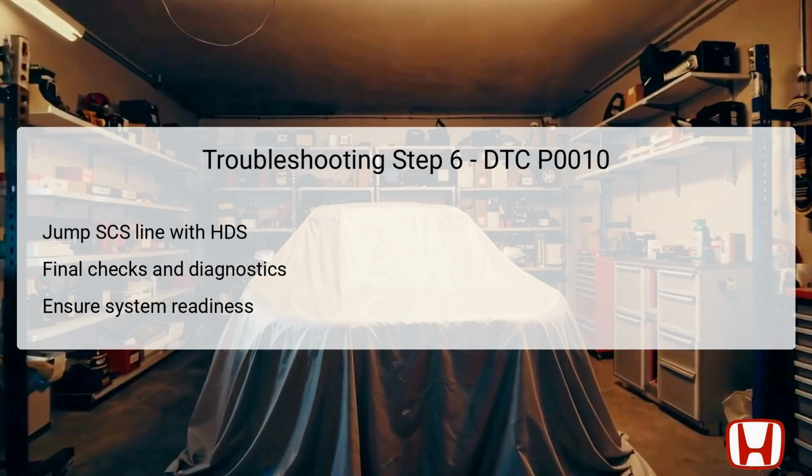After performing this step, it's essential to ensure the VTC system is functioning as designed and all connections are secure. Once these final checks are complete, the technician can validate that the root cause of the DTC P0010 has been addressed, or confirm that the system is ready for testing under normal operating conditions.